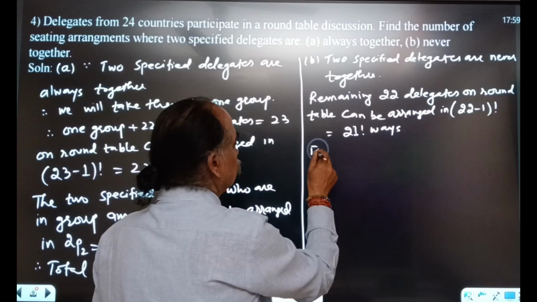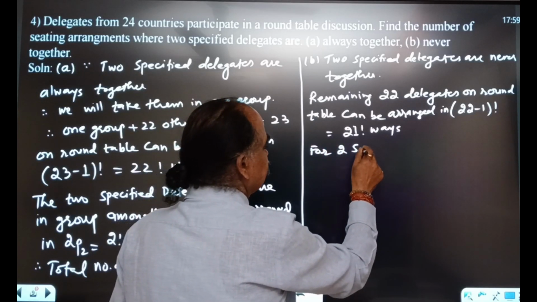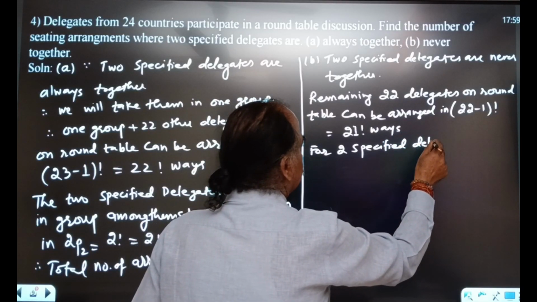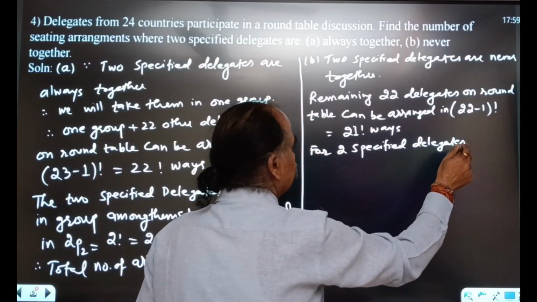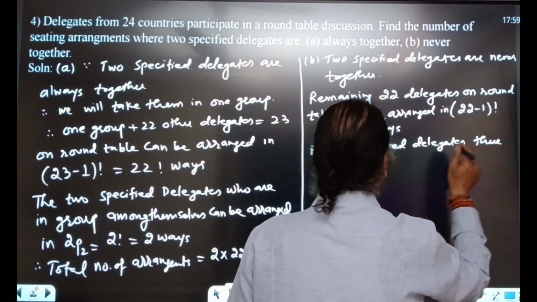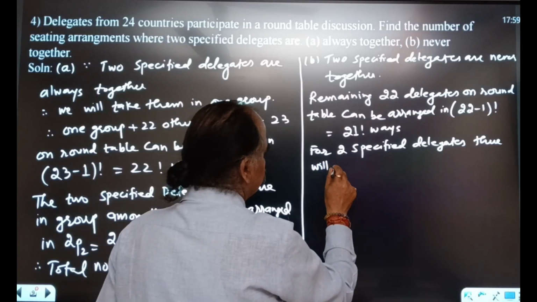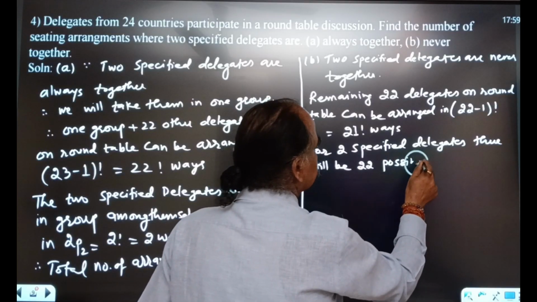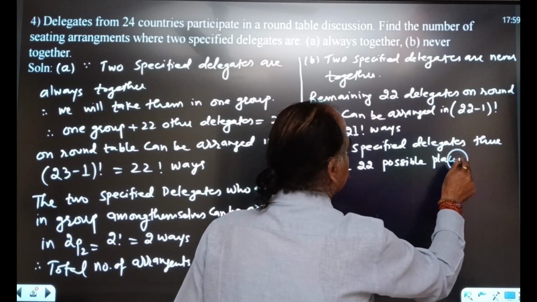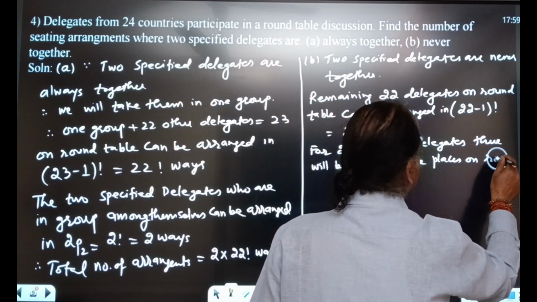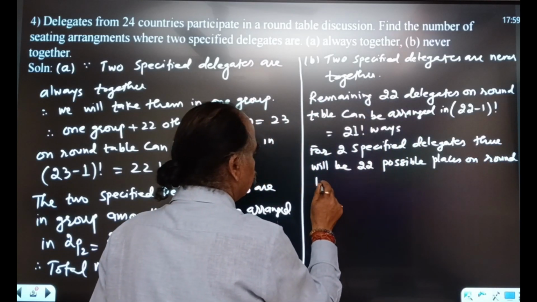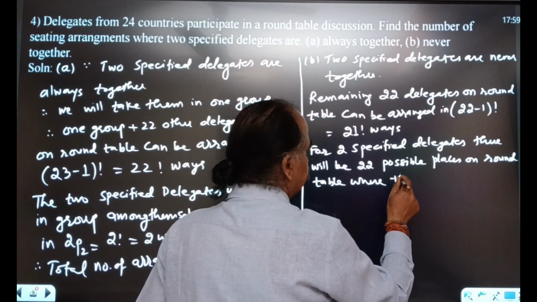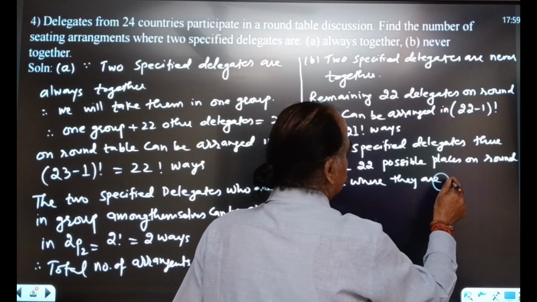For two specified delegates, there will be 22 possible places on a round table where they are never together.